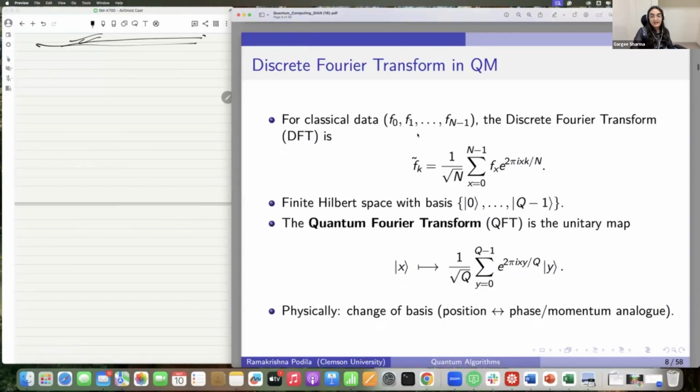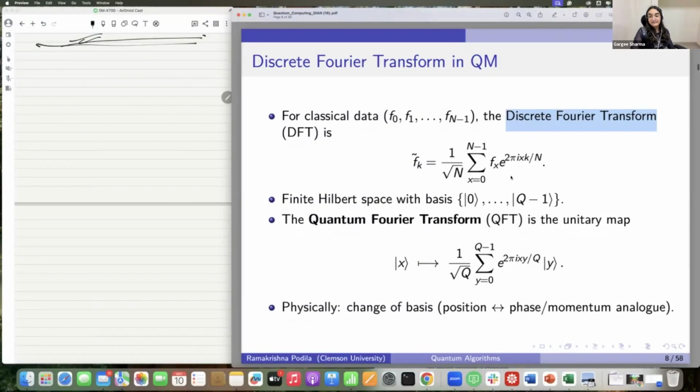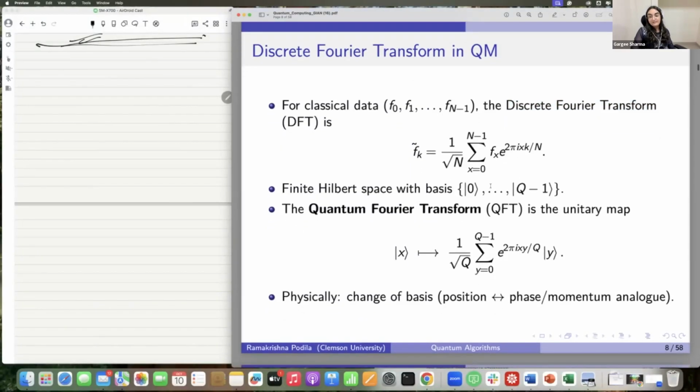So let's say you have some classical data, a column vector with data points f0, f1, f2 till fn minus 1. This is how you can find the discrete Fourier transform. It's the same thing you have probably seen in the integral version, which you might be more familiar with.